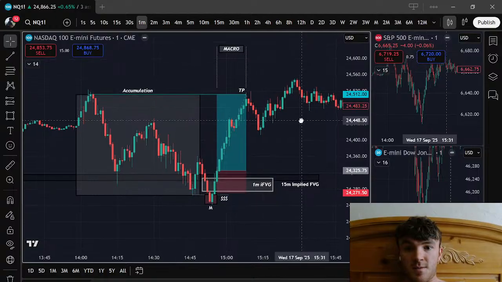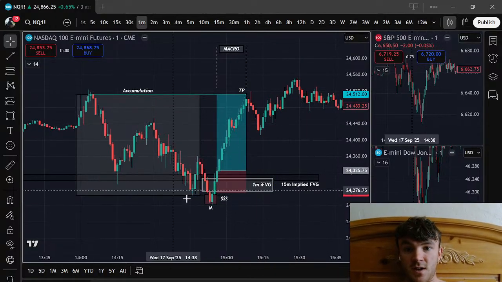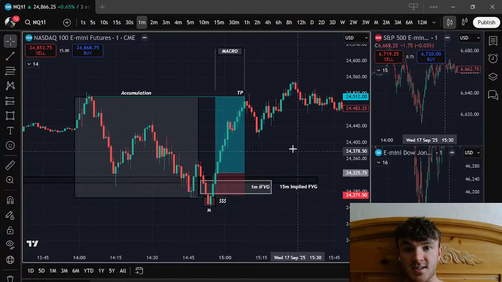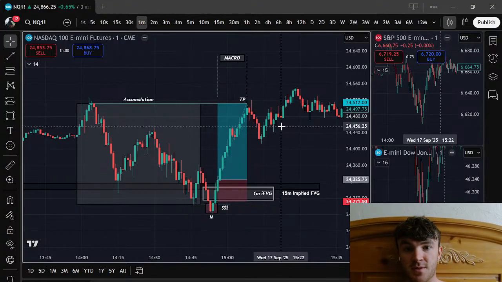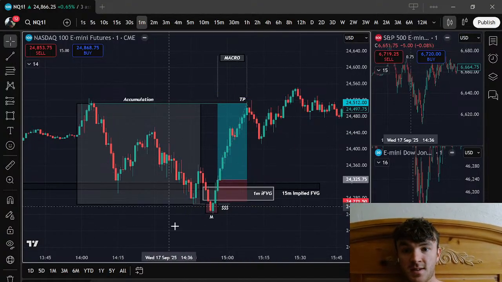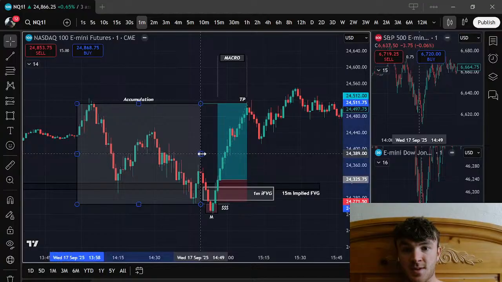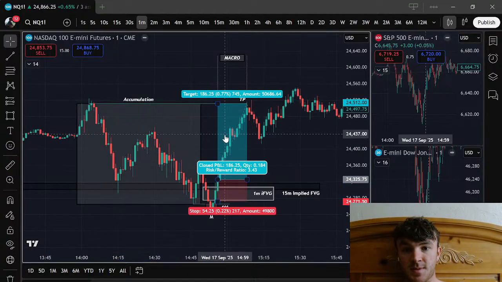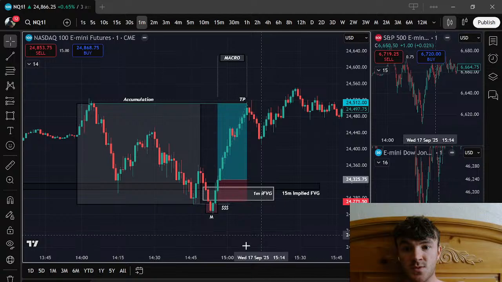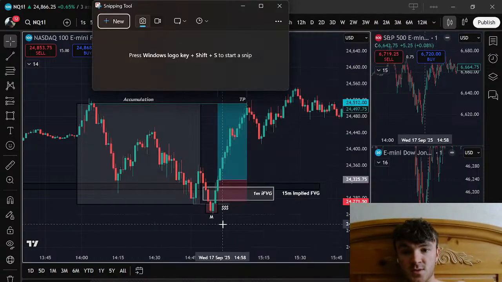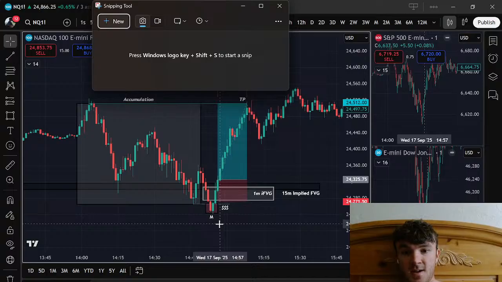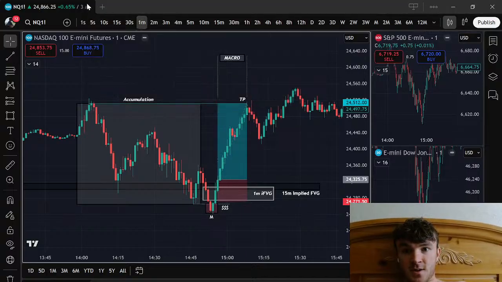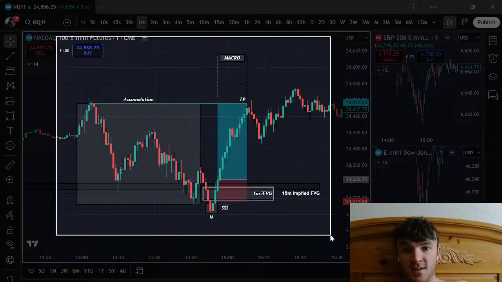But guys, look at this 1 minute inversion off the 15-minute gap. You guys see this? Super clean. This is 3.4-1, right? This is textbook. Accumulation, manipulation, 1 minute inversion, and then also 1 minute change in state, which we can look at in just a second. So let's go ahead and screenshot this. This was Wednesday at 14:56 during the 14:50 to 15:10 macro.